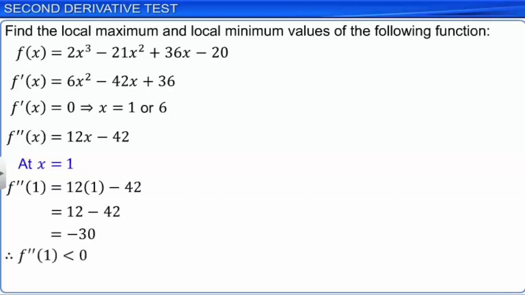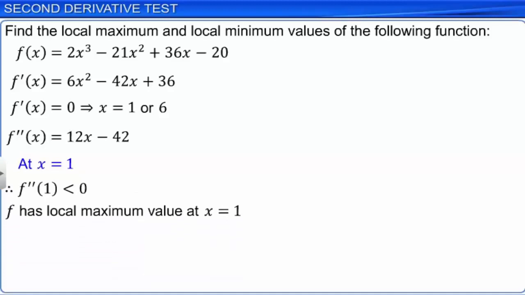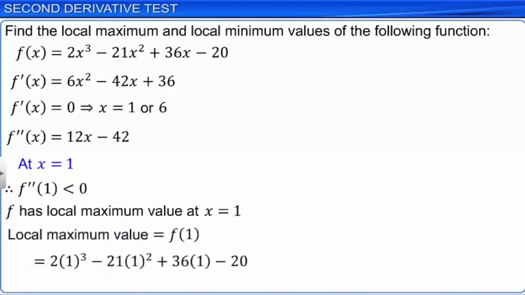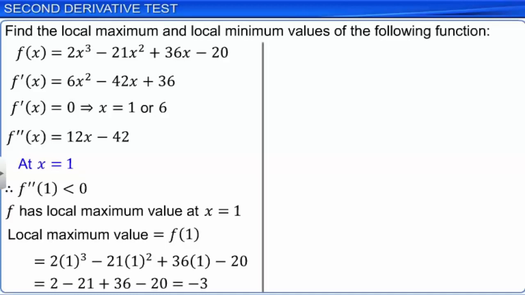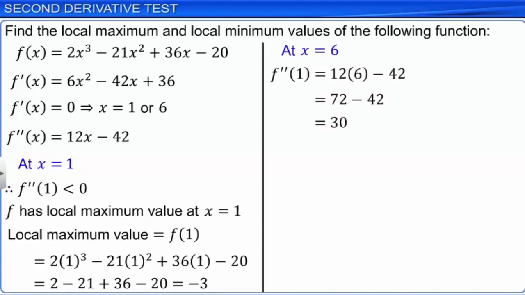Hence, the local maximum value of the function is minus 3. The value of the second derivative of the function at x is equal to 6 is 30, which is a positive value. Hence, the function has local minimum value at x is equal to 6. The local minimum value is minus 128.